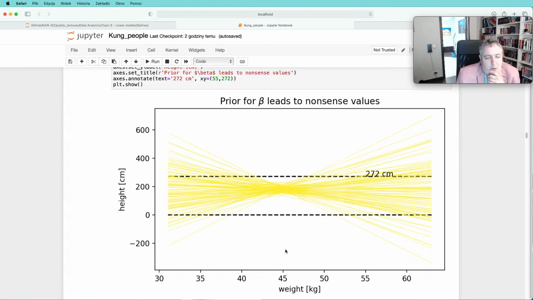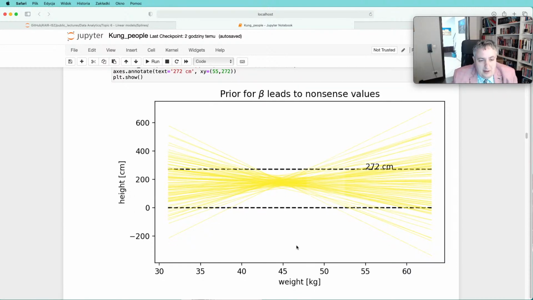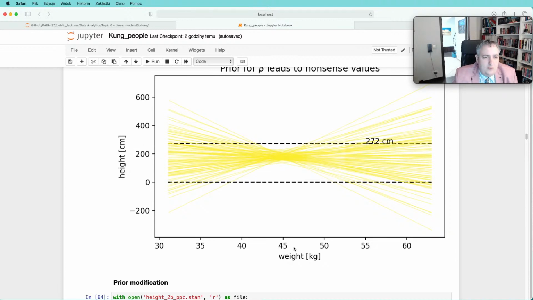The problem is that our model gives us too large values and certainly too small values, because it can give you very small negative values, and that makes no sense. So this prior for beta is not good. It allows us to get negative slopes, which is generally not justified, and it's problematic. That's why we will change this prior. This is why we are doing predictive checks. This prior makes no sense.